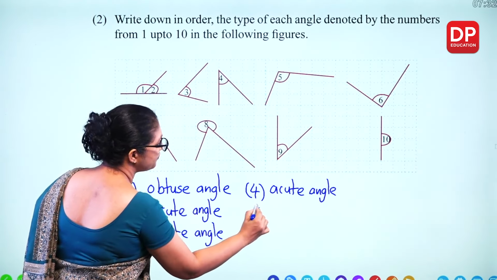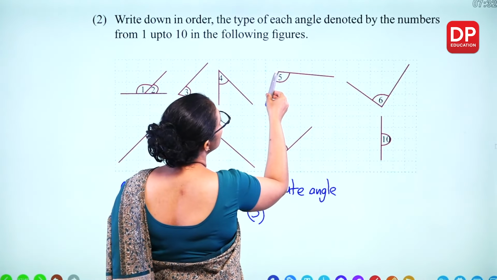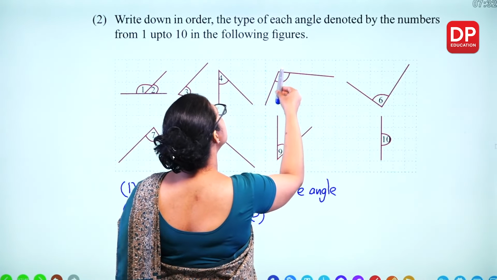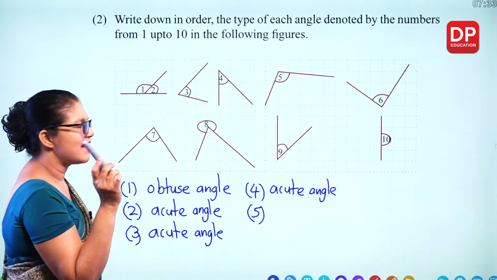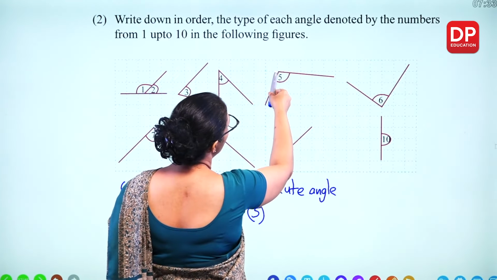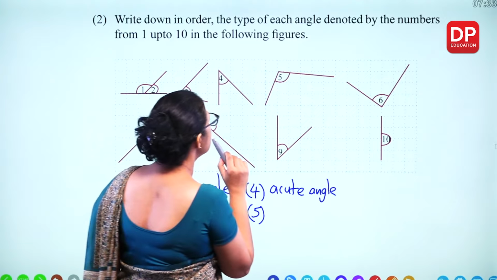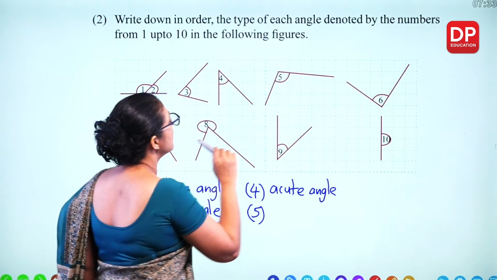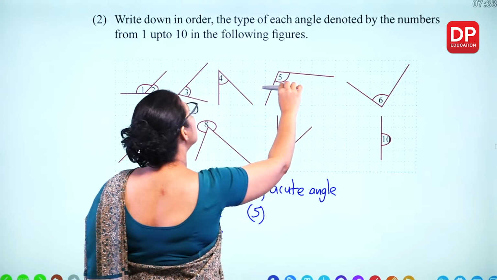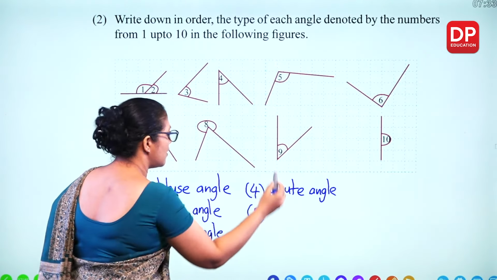Fifth one, when you take 90 degrees, this is somewhere here. So more than a right angle, slightly more. So you can see that's like obtuse.